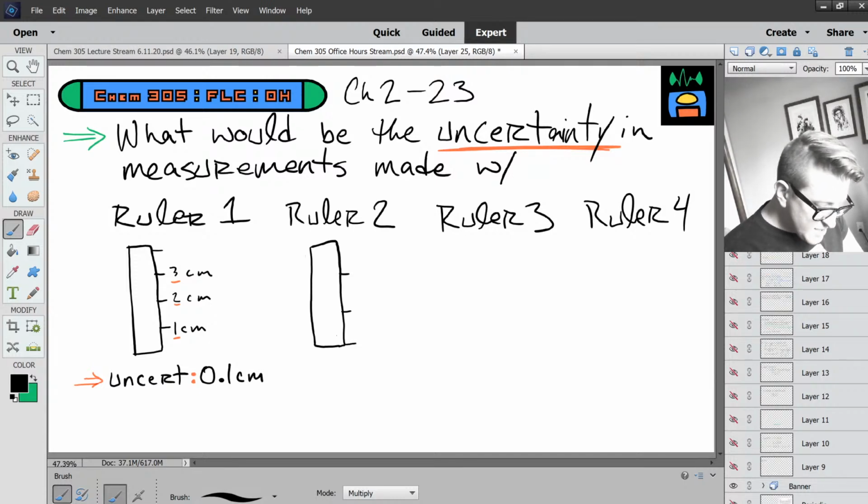Ruler 2 has 10 markings in between each centimeter.